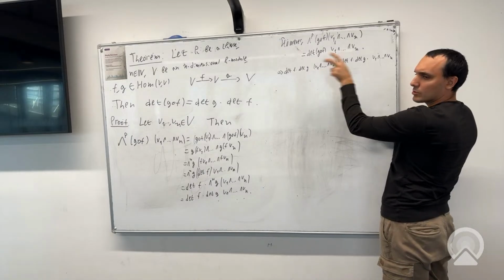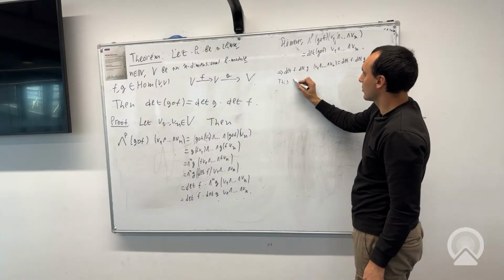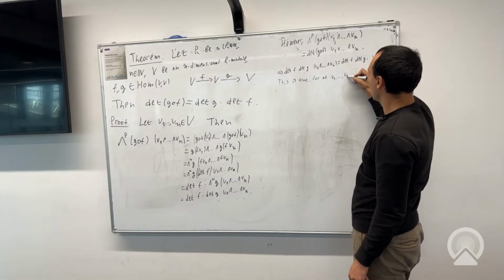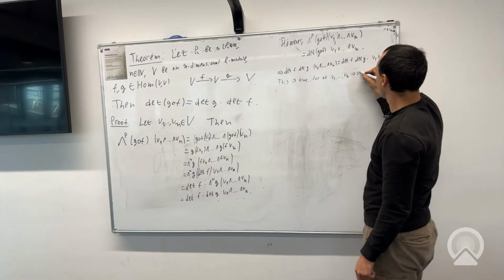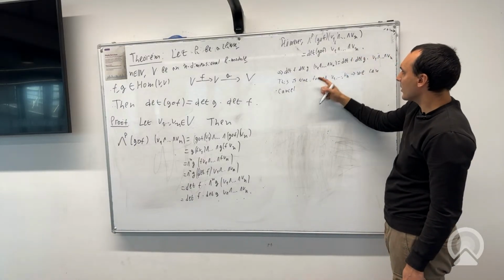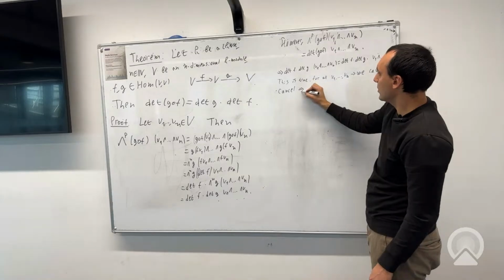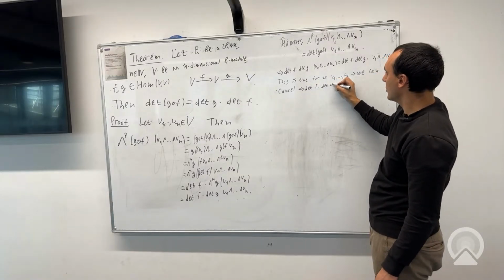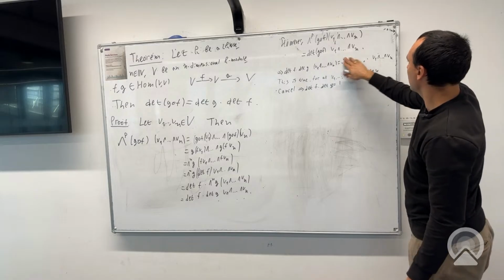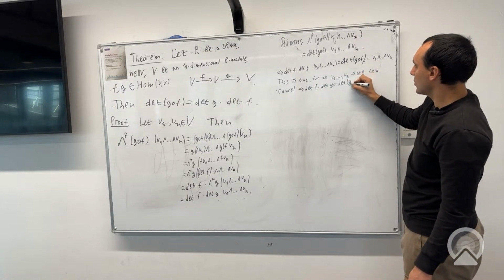This is true for all V1 to Vn, so if we choose the basis vectors, we can cancel. So the determinant of F times determinant of G is the determinant of G composed with F.